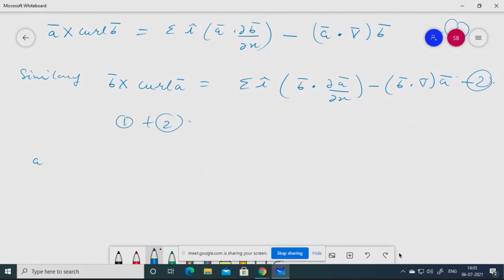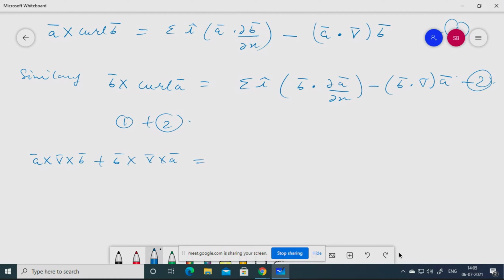So when I add, I will get A bar cross, instead of writing curl, I am writing it as del cross B bar, plus B bar cross del cross A bar, will be equal to, I am adding these two.